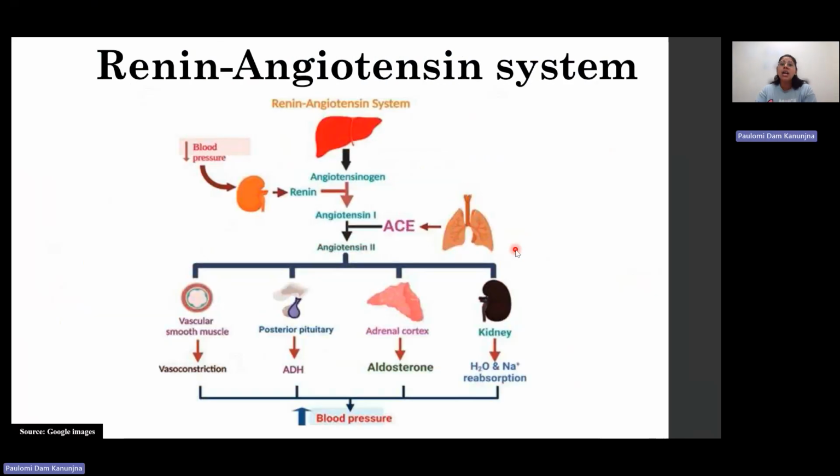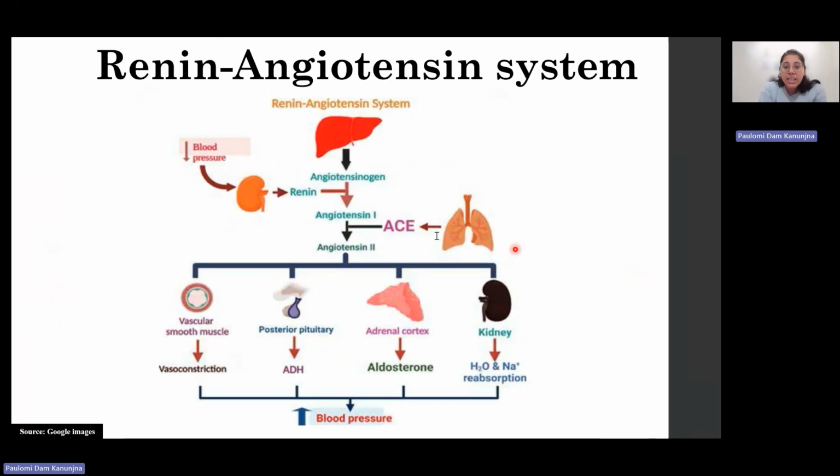And lastly, you have the RAS, which is basically the renin, angiotensin, aldosterone system. This is basically your kidney cells and how they respond to renin. What is renin? Renin is released in response to lower blood pressure. So when you have low blood pressure, renin is released by the juxtaglomerular cells in the kidney.